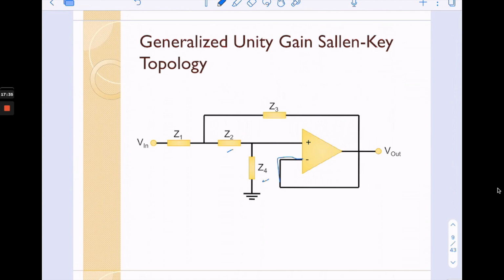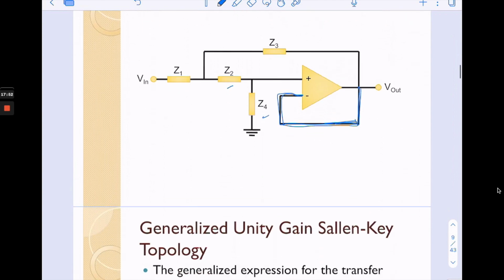And this is as usual the configuration for unity gain. Okay, so the difference between the high pass filter and low pass filter configuration for this Sallen-Key is just the location of the capacitor and resistor.